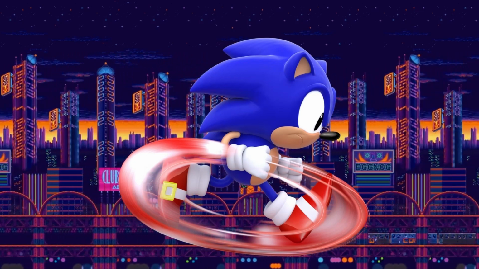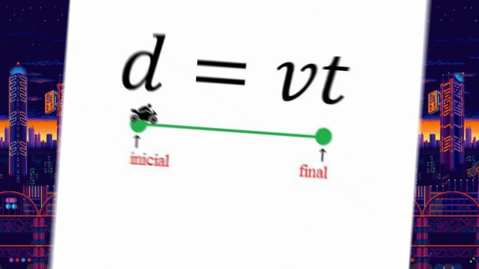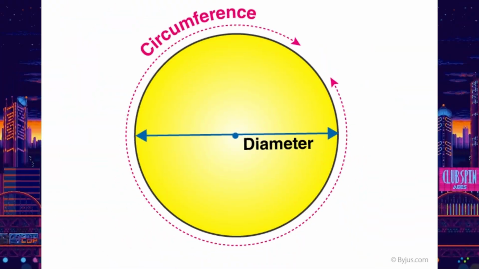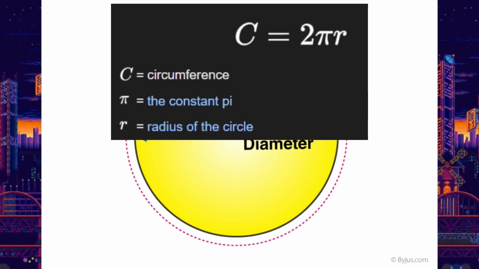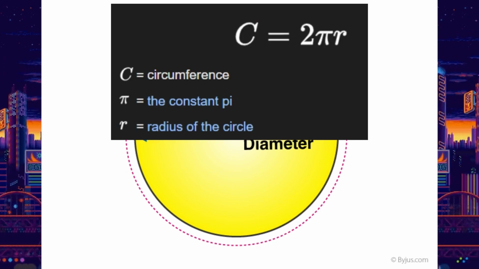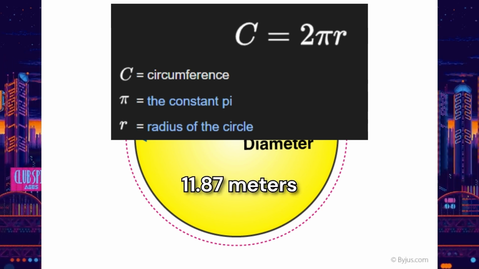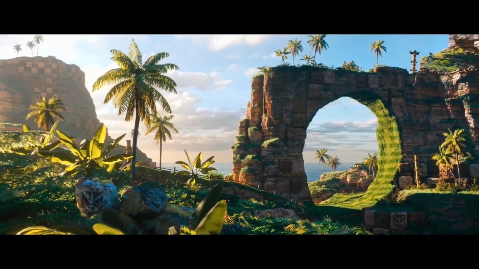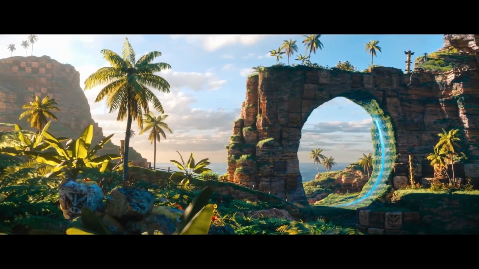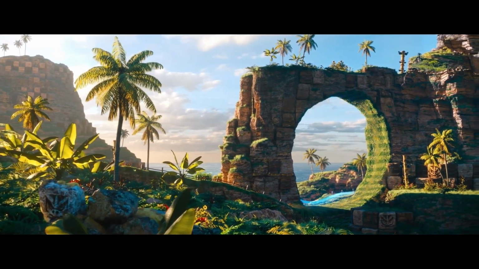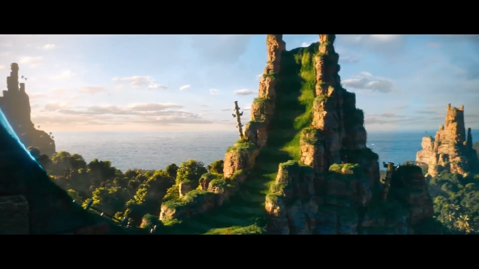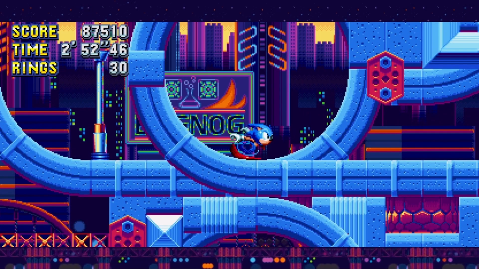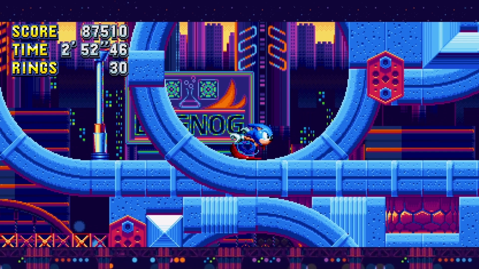To get Sonic's velocity for the loop, we first had to calculate the distance traveled. In the case of movement along a loop or circle, it meant finding the circumference. So by simply plugging in 2 pi r, we were able to find the circumference of the loop to be approximately 11.87 meters. To find the time, it was observed how many seconds it would take Sonic to make 1 revolution along the loop. And due to Sonic being a speed-oriented platformer game, there is a conveniently placed speedometer in the top left-hand corner of the screen that can record the time up to 1/100th of a second.